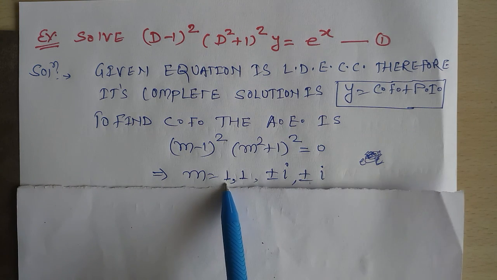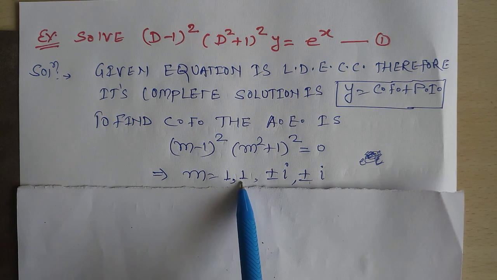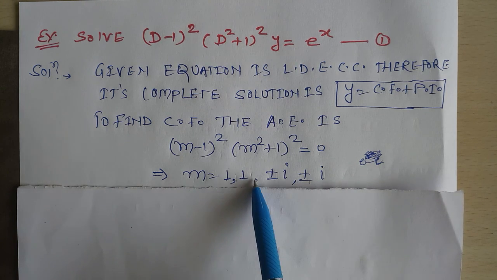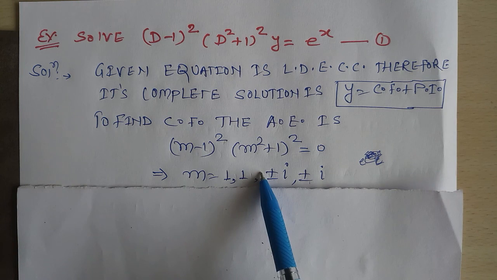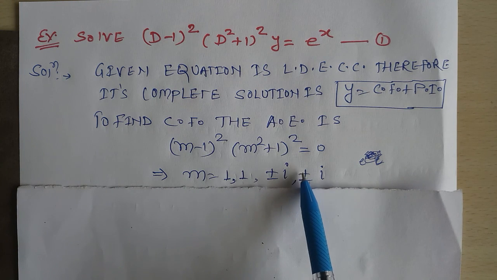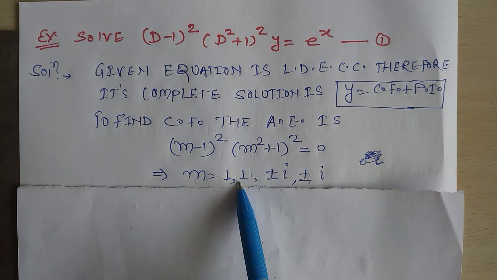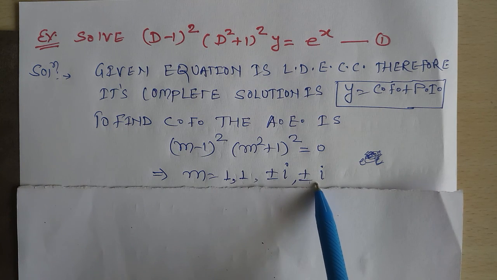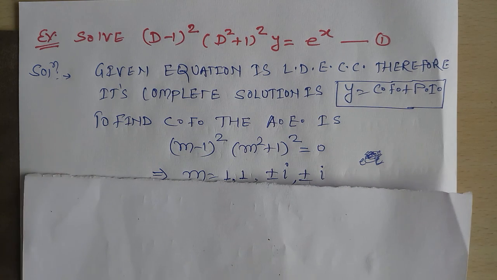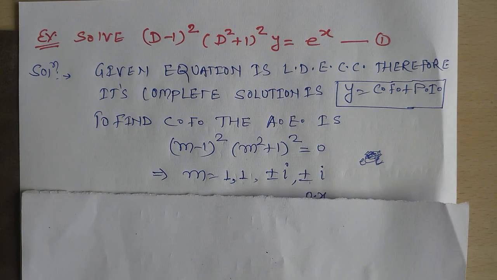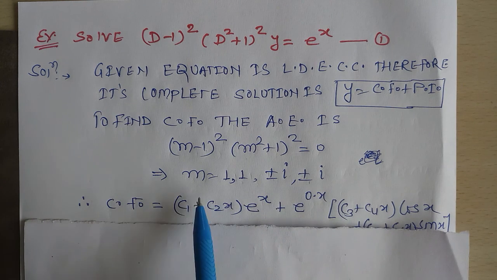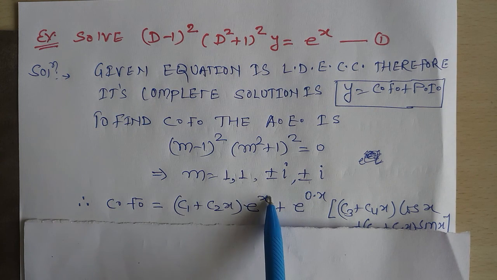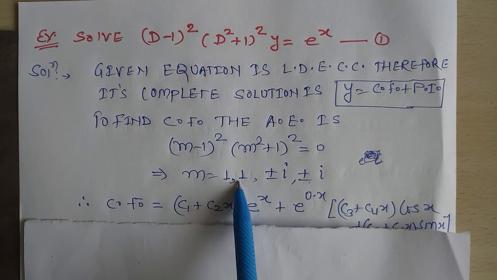So here 2 roots are real and repeated, and the complex root, here alpha is 0, beta is 1. So real roots are repeated, complex roots are also repeated. So the complementary function, the CF, is given by, for real repeated root we write (c1 plus c2 x) e power m1 x, which is 1.